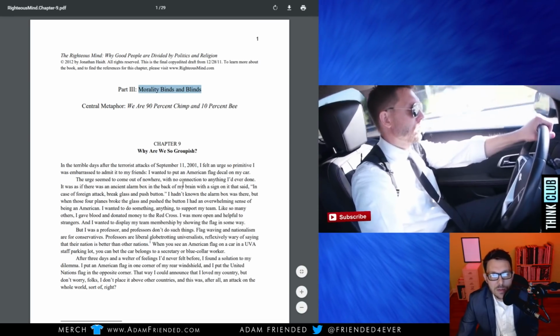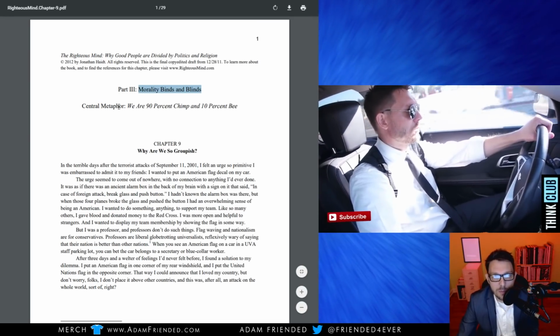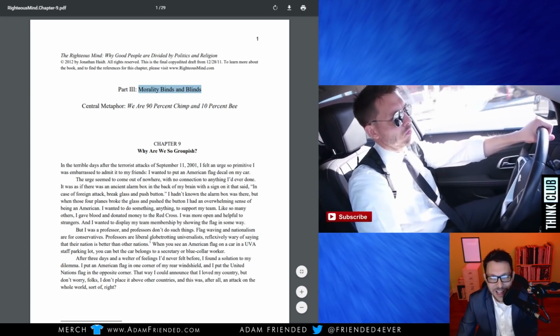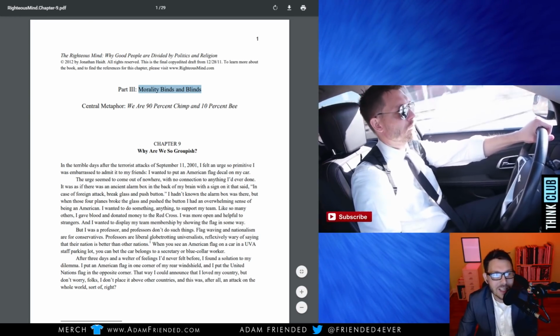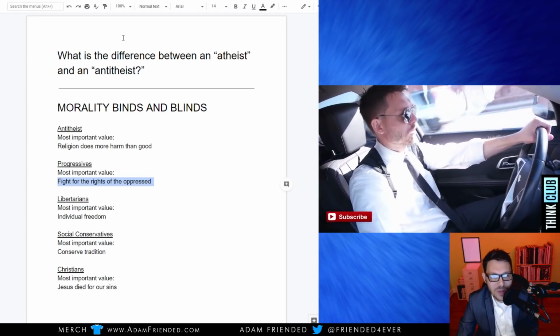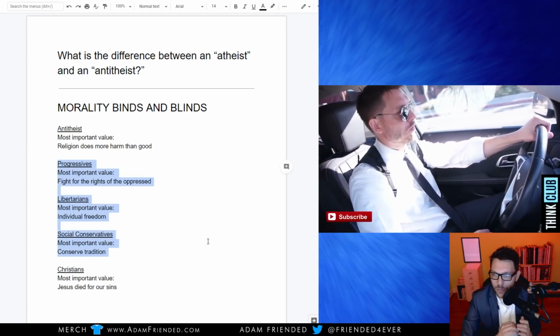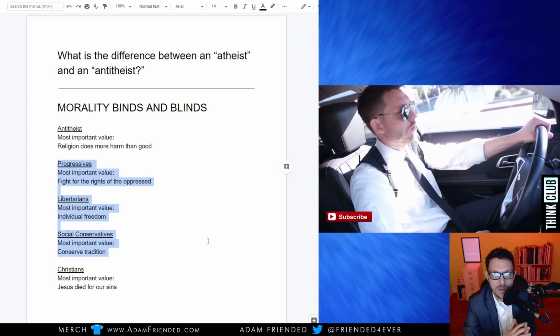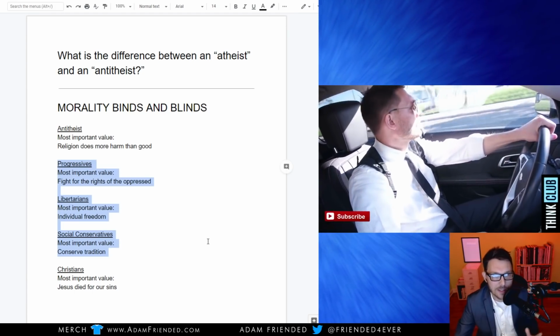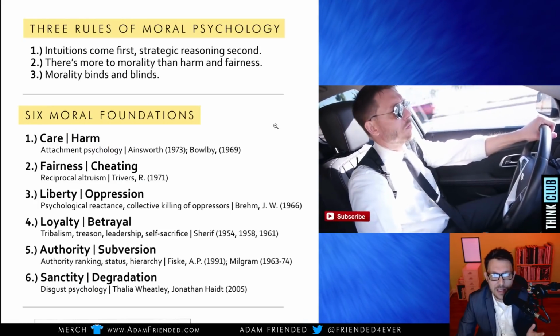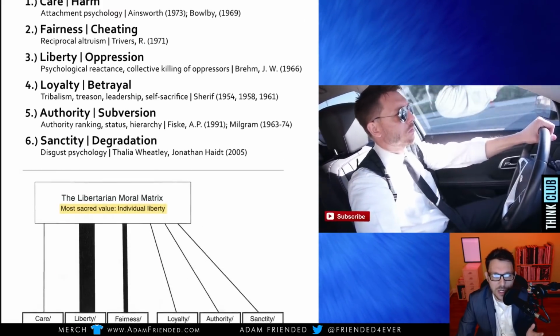So Morality Binds and Blinds is from Jonathan Haidt's book. I have a chapter here. I don't necessarily know why I put it out there, but these different moral foundations, I know people who are hearing this for the first time might think that this is completely ridiculous. But Jonathan Haidt actually goes out of his way and backs these up with empirical studies.